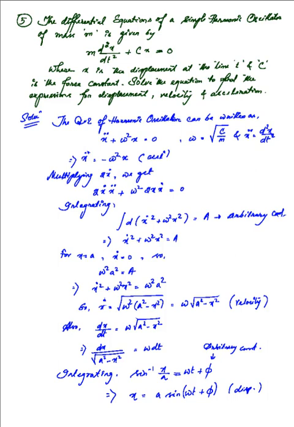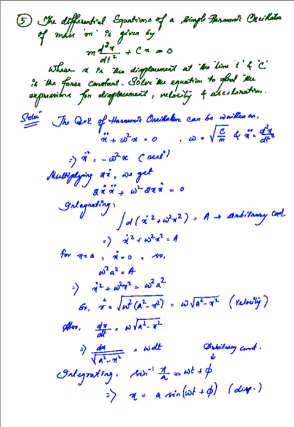And we need to solve the equation to find the expressions for the displacement, velocity, and acceleration. We are slowly moving through the entire portions in mechanics, and then we'll be moving over to the higher portions in the later problems, as you will see.